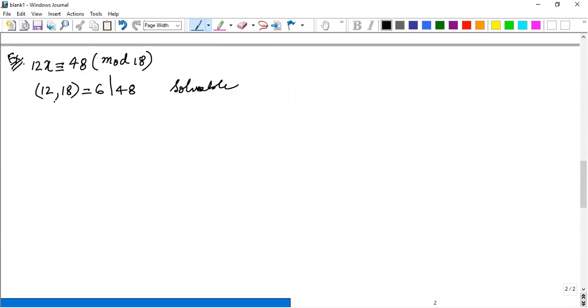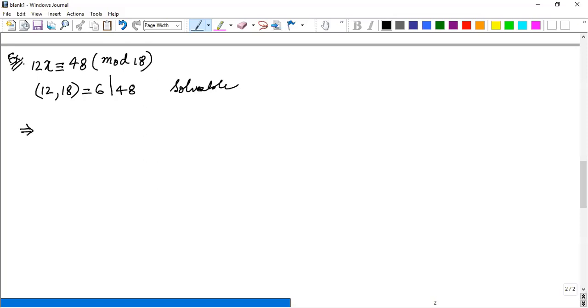So before going to the solution of this congruence, we know that every term can be divided by 6.